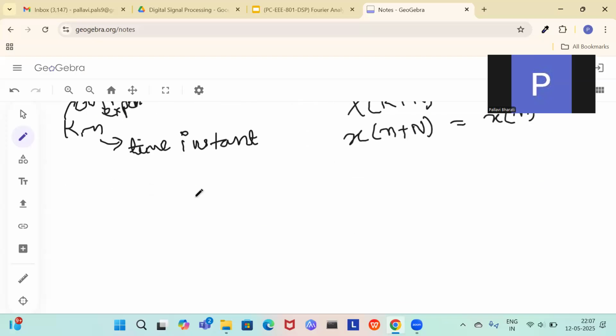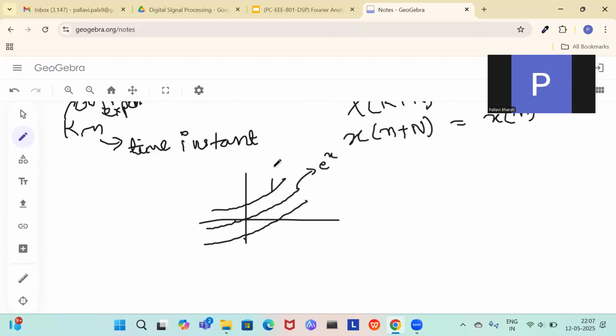If I try to show you with the help of a graph, I've already shown this. So this is an exponential. This is also an exponential. This is also an exponential. So all these exponentials, see, this is e to the power x. This can be e to the power 3x or 2x, whatever you take. Something will be there, but I'll just write it. And this will be something different.